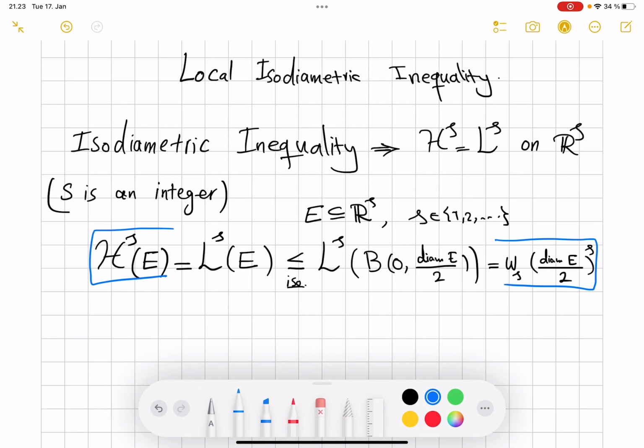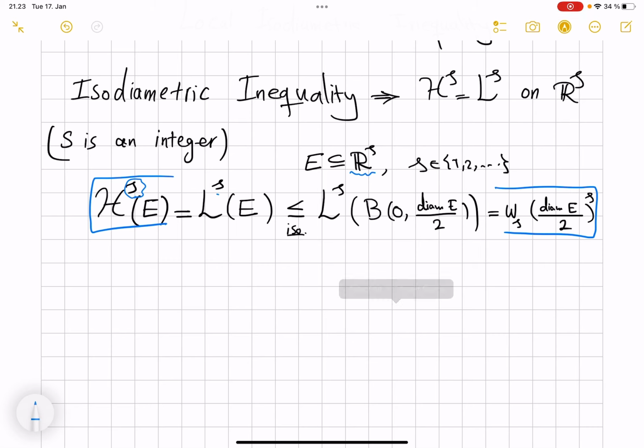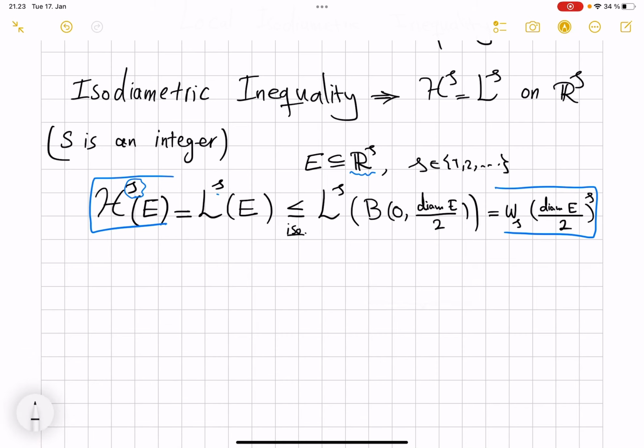Now the question is, what if we are not using the same dimension in the Hausdorff measure as the ambient space? Then what happens is that you have embeddings in truly larger domains, and this inequality immediately fails.